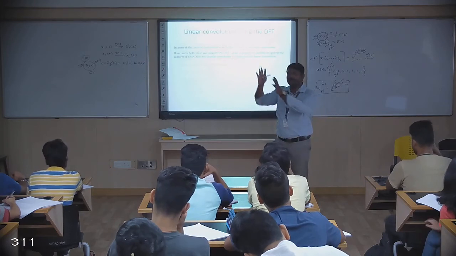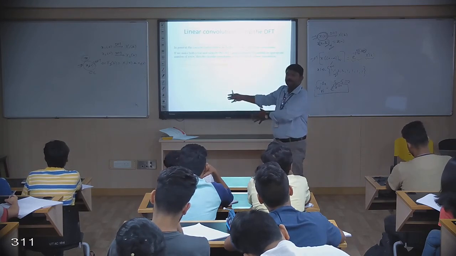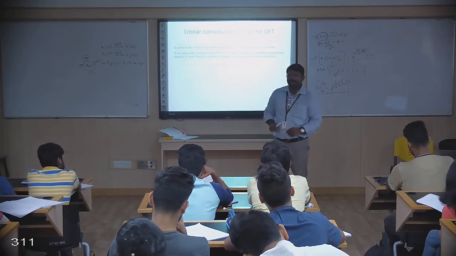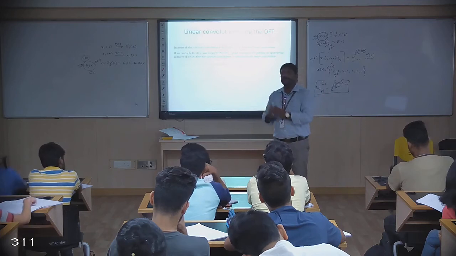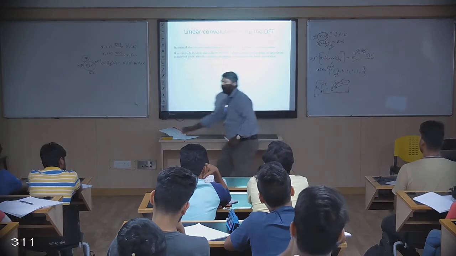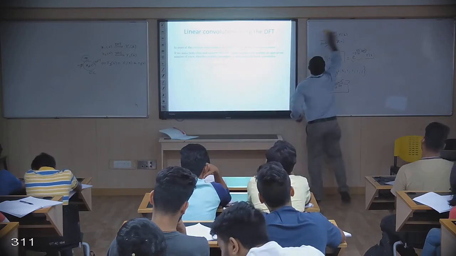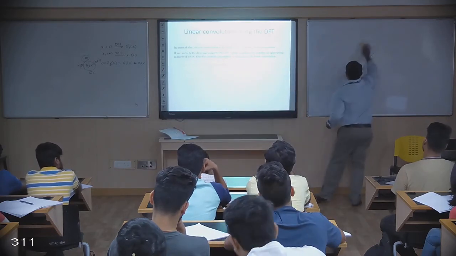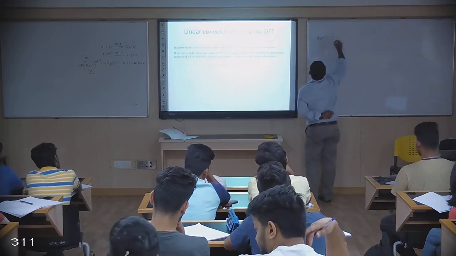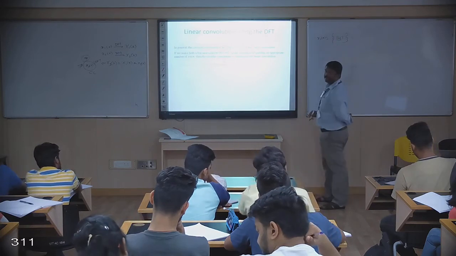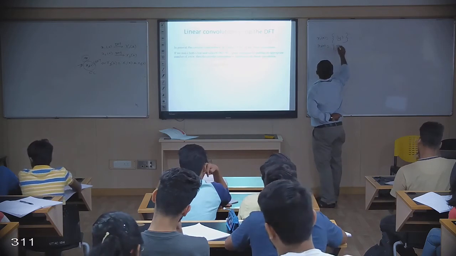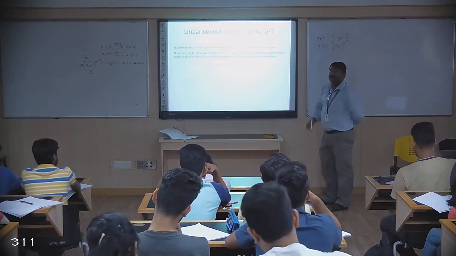So no problem, you are giving a 4 input sequence, you will be getting a 4 sequence in the output. That's your circular convolution. What about linear convolution? If you want to do linear convolution, so x1 of n, it's a 4 input sequence. Please listen very carefully. x2 of n, you have a 3 input sequence.